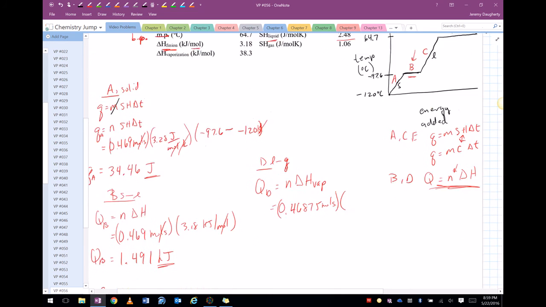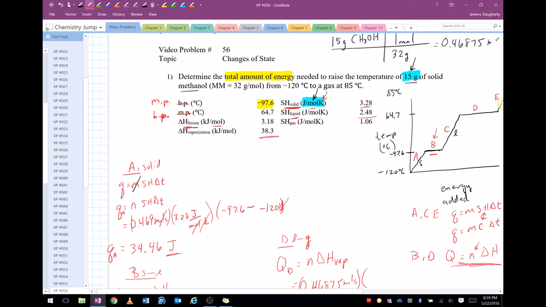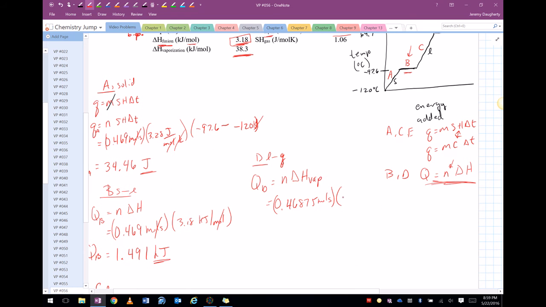My delta H vaporization is huge: 38.3 kilojoules per mole. Now remember, that's because we're totally breaking those intermolecular forces, whereas when we're melting, with this 3.18 value, we're only weakening the intermolecular forces. Okay, so big difference. So that's 38.3, kilojoules per mole.